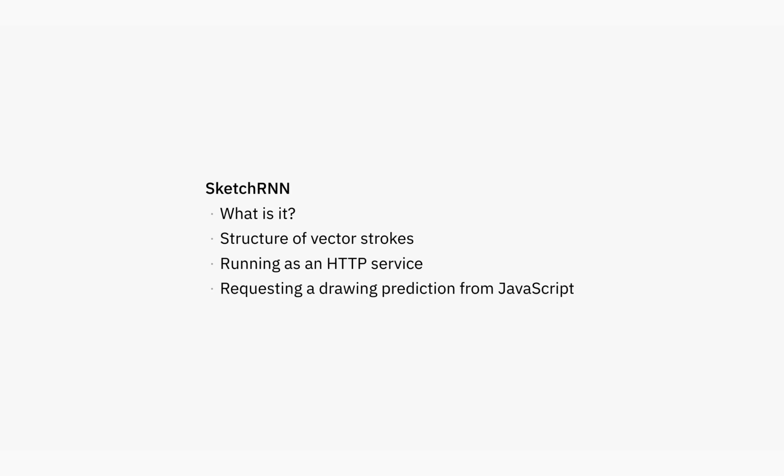Hi everyone, this is Nono, and this is an introductory tutorial to SketchRNN and how to use it as an HTTP service. So what we're gonna see in this tutorial is what SketchRNN is, the structure of the vector strokes that are used on the architecture of this neural network.